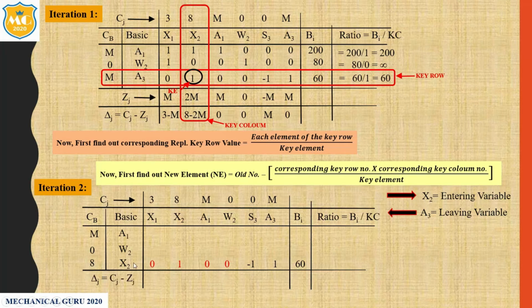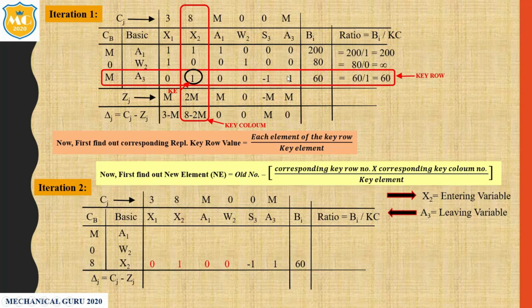So first we have to find this value delta j. So here x2 is our entering variable. Okay, in that the replaced variable is a3. In the next iteration, it is not required to find the zj value. Directly you have to find the delta j value. Okay, so here the a3 value is 0, 0, 1 and 0.